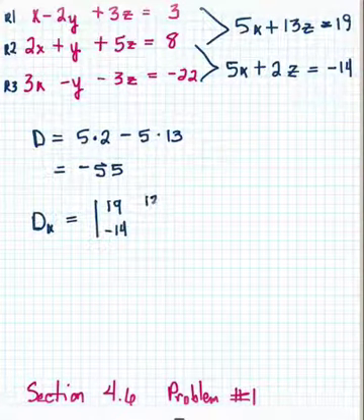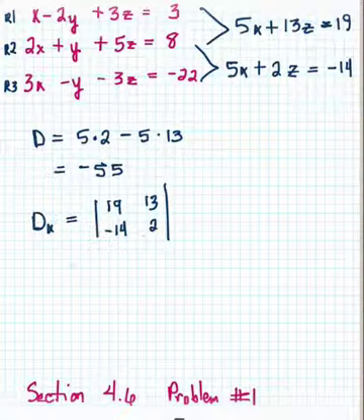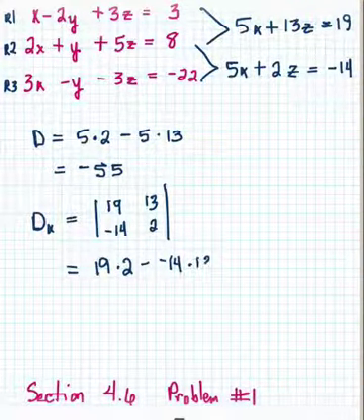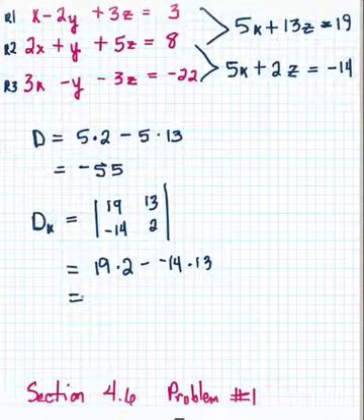Just leave those alone. So this is the determinant with respect to x, okay? And so I can see here it's going to be 19 times 2 minus negative 14 times 13. I'm doing the same thing every time there, right?